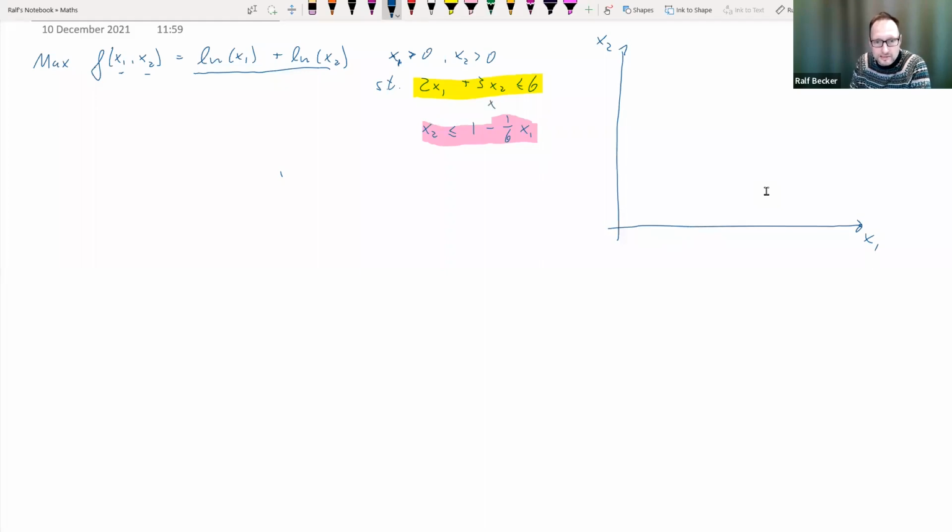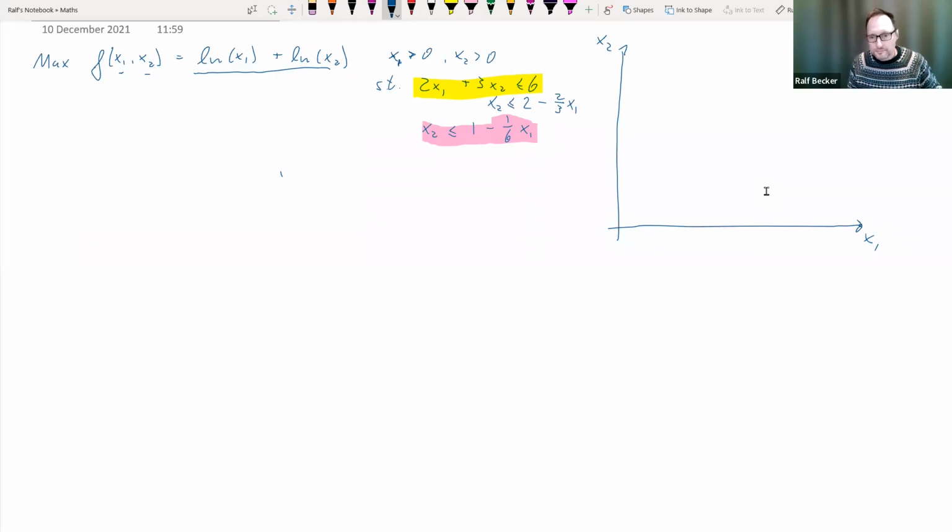So basically what you get here is x2 is smaller or equal to 2 minus 2/3 x1.